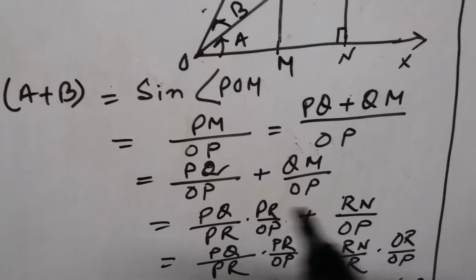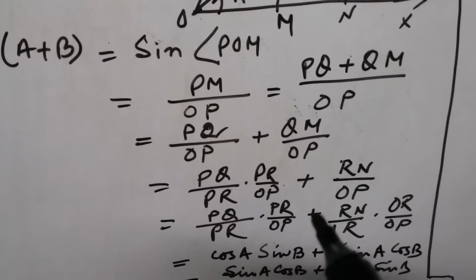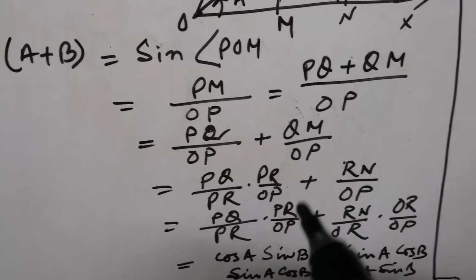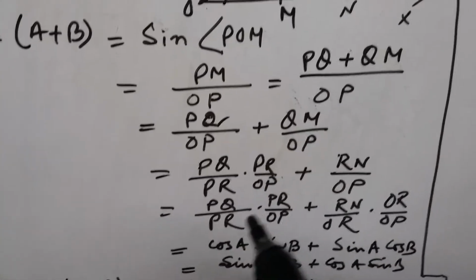So RN by OP. Now PQ by OP, you multiply here PR into PR, and here OR into OR.